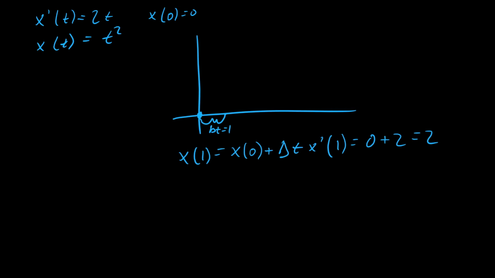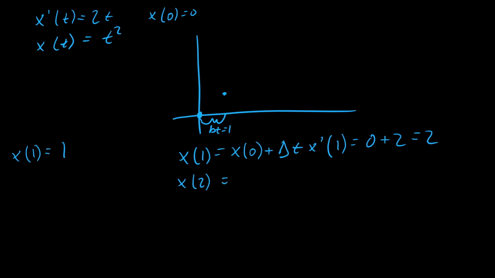Now we can compare that over here to the analytical solution, which is that at x of 1, we should have 1. So you can see we've already had some drift. But let's keep going. So we'll plot that out right here. So we look at x of 2. So this is taking another step over of value 1.